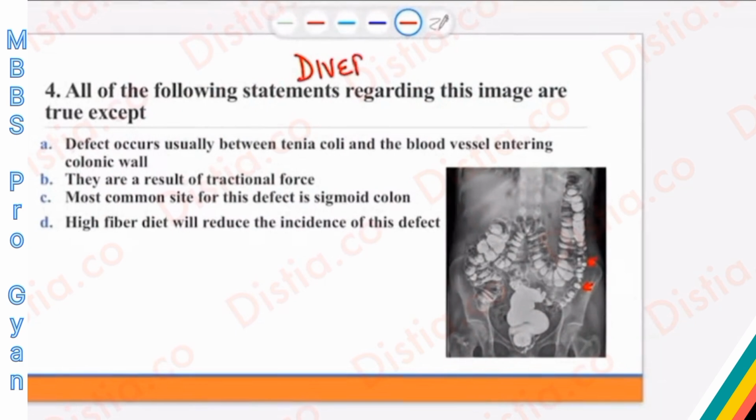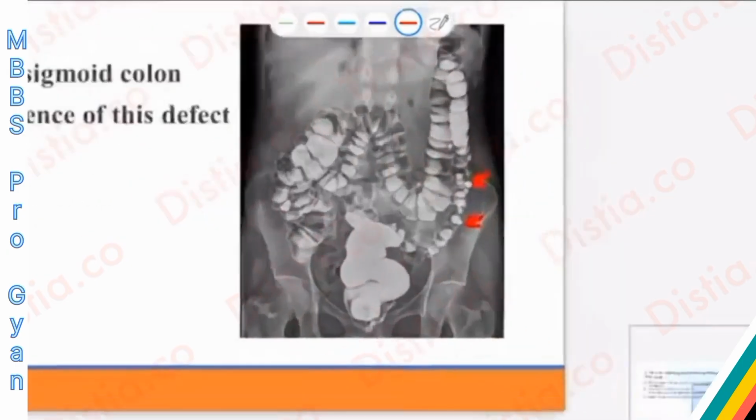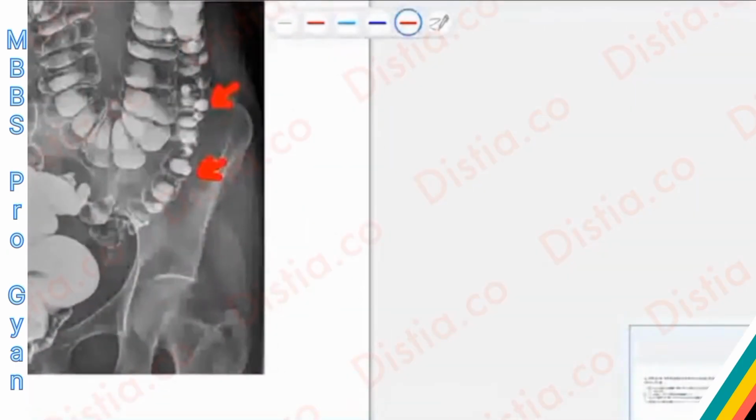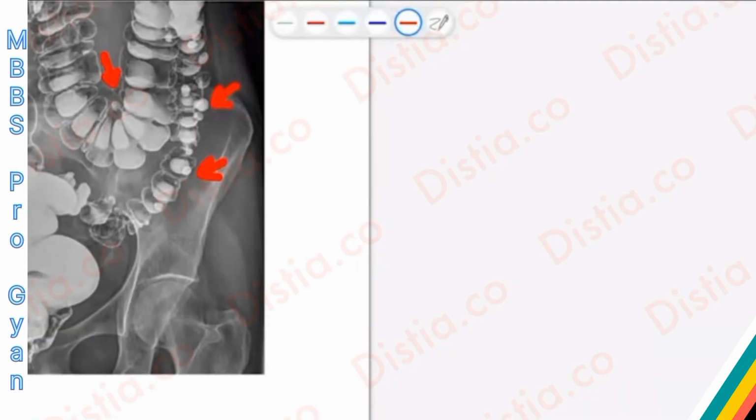Though diverticulosis will have that very characteristic sawtooth appearance, in this particular image it is not very pronounced. That is what actually happened in the exam, because we are under the impression that he'll give you those very characteristic diverticula, but you need to look very carefully. As I'm zooming in, you will definitely be able to see some of the diverticula present, even on the contralateral side.